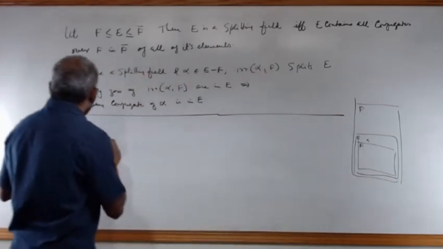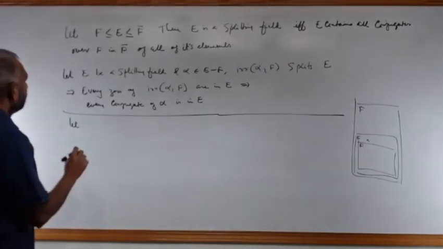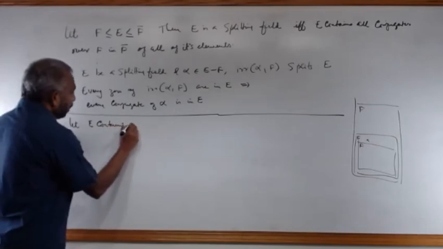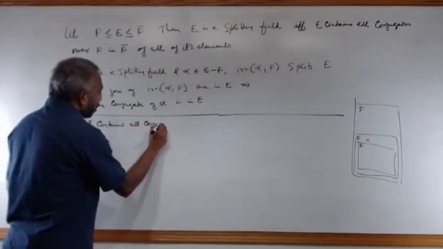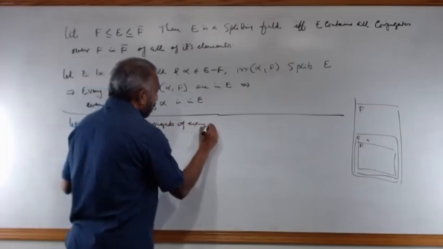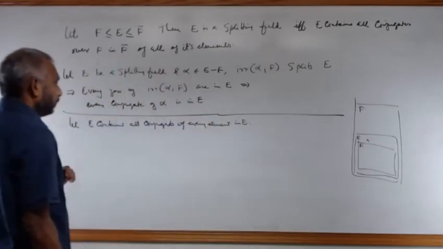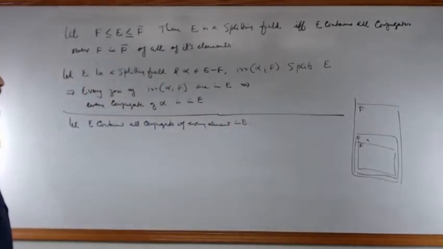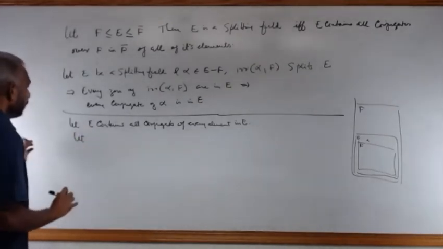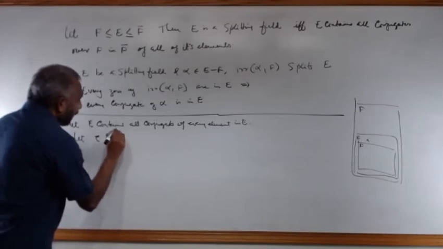Now let us assume that E contains all conjugates of every element in E. Now what we do is let tau be an automorphism.